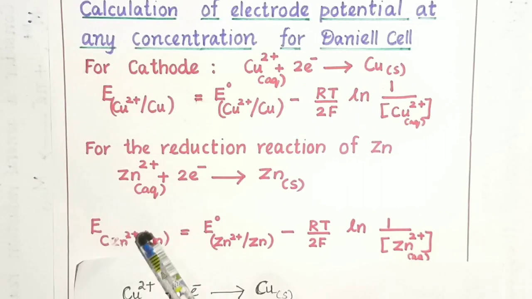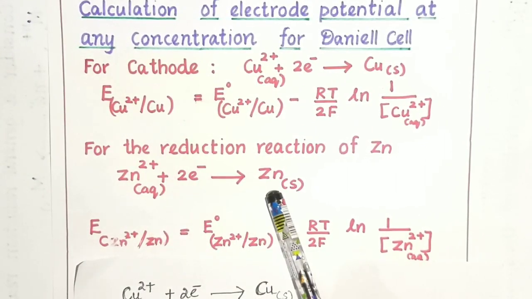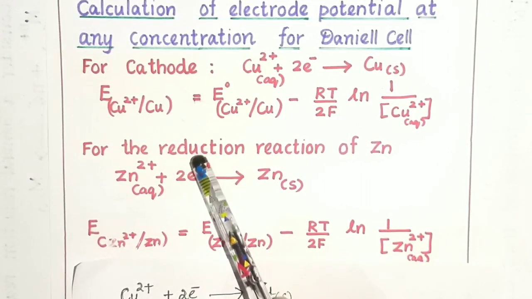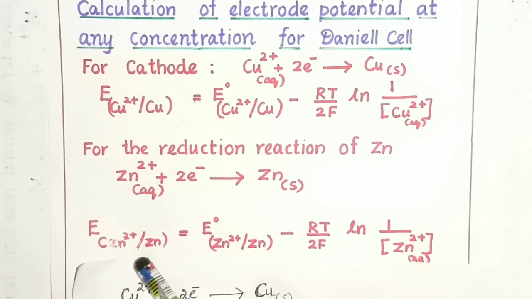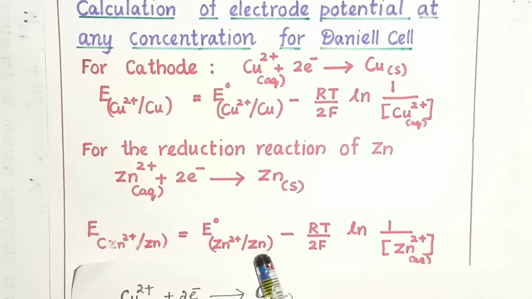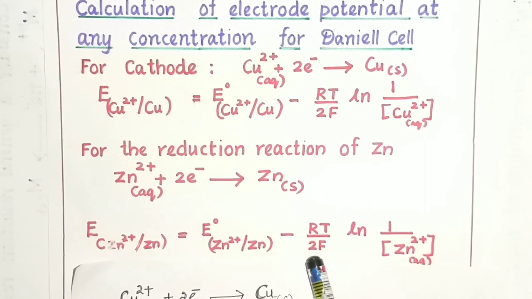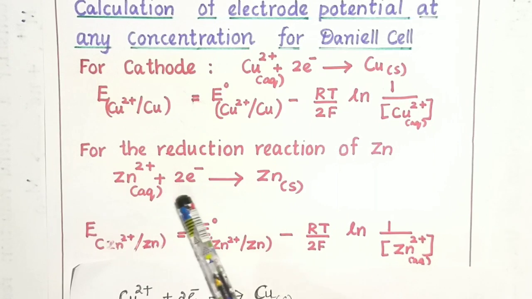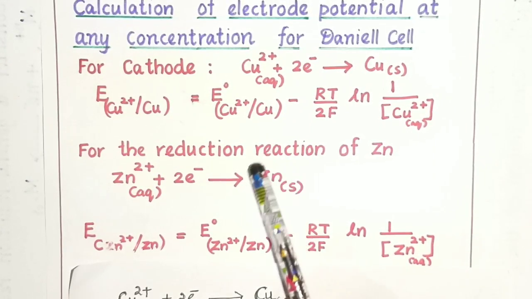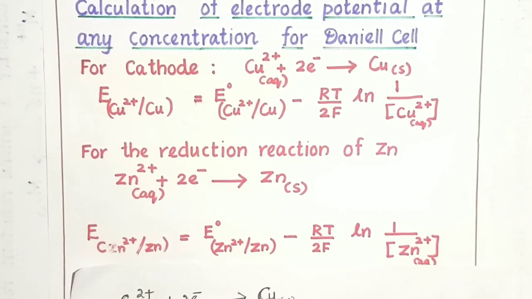E of Zn2+|Zn, because Zn2+ changes to zinc, is a reduction reaction, meaning gain of electrons. So E of Zn2+|Zn is equal to E0 of Zn2+|Zn minus RT by 2F, because instead of n we substitute 2 electrons, 2F ln concentration of product by concentration of reactant.